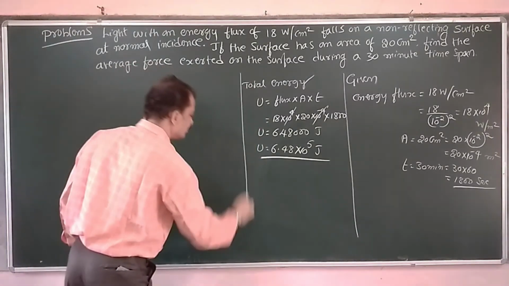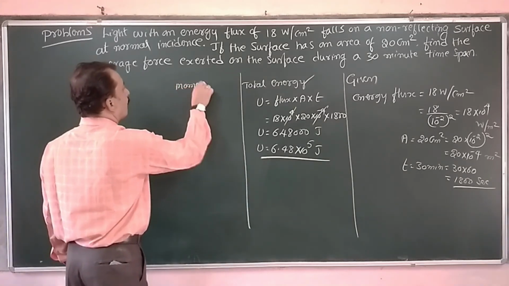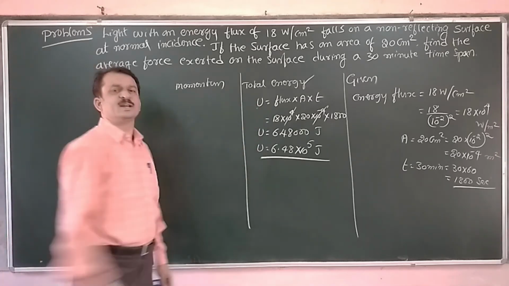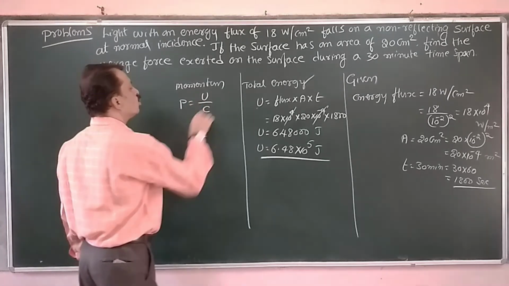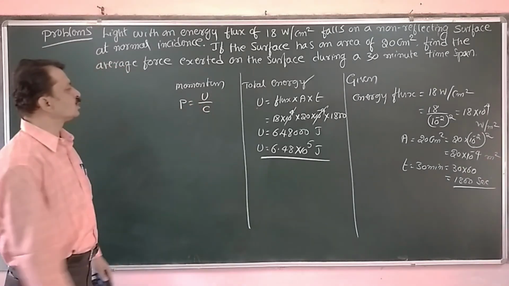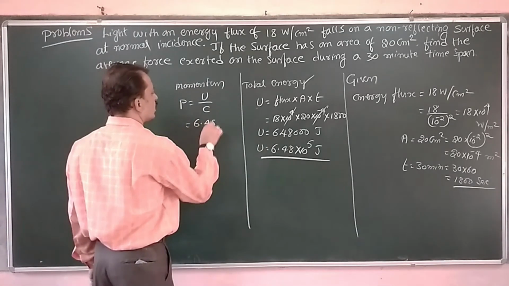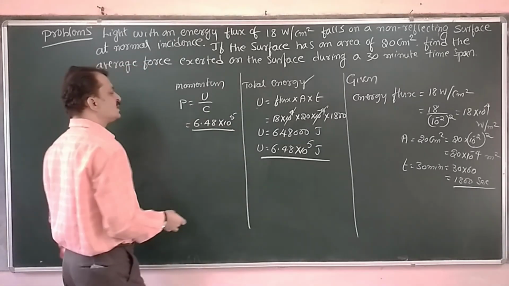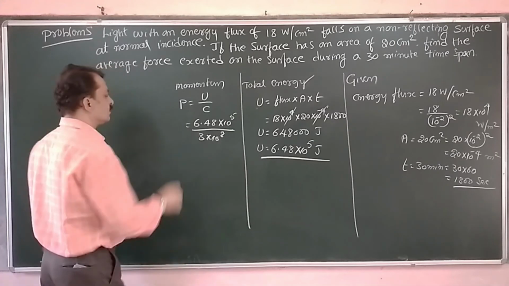Next, we have to calculate the momentum. If you know the total energy, then we can calculate the momentum by the simple relation: momentum P is equal to U by C. Now U is 6.48 into 10 to the power of 5 divided by C, the speed of light, 3 into 10 to the power of 8.